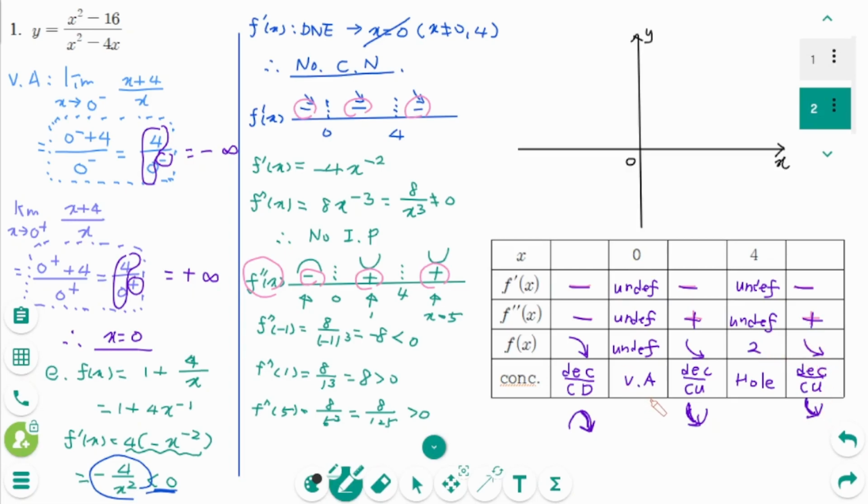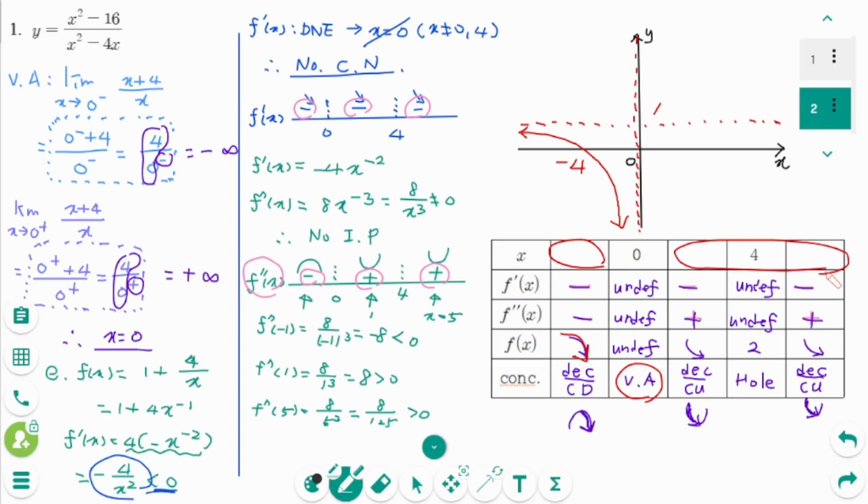Then the vertical asymptote is x equals 0, and the horizontal asymptote is y equals 1. When x is less than 0, the shape is like this. The x-intercept is minus 4.